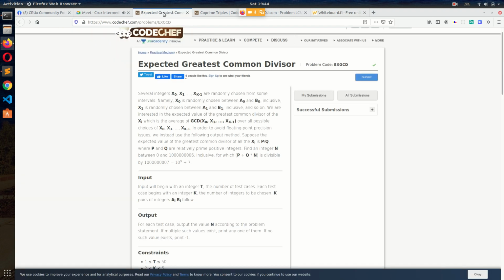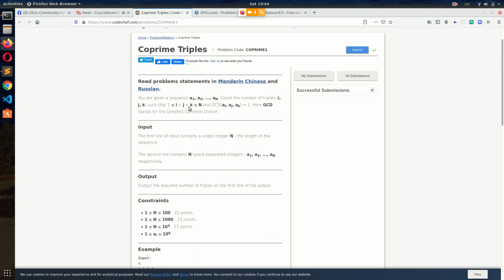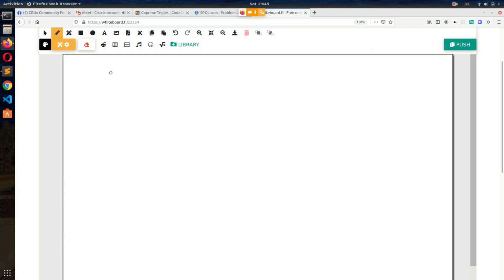So the entire game in this problem is how you express the problem itself. And the way you express it is, you have the sum over 1 less than or equal to i less than j less than k less than or equal to n.